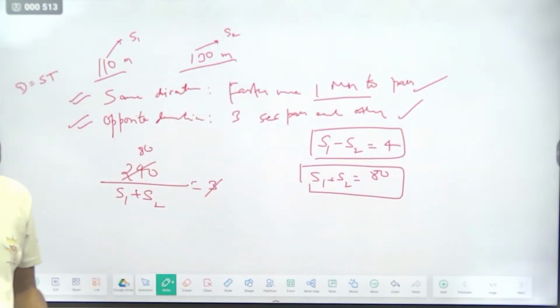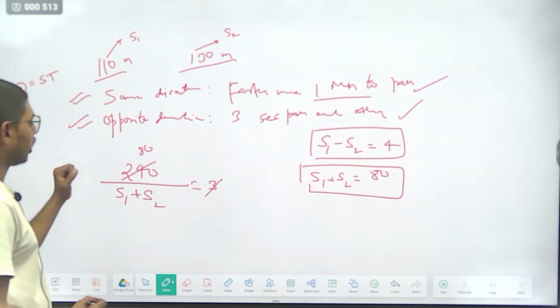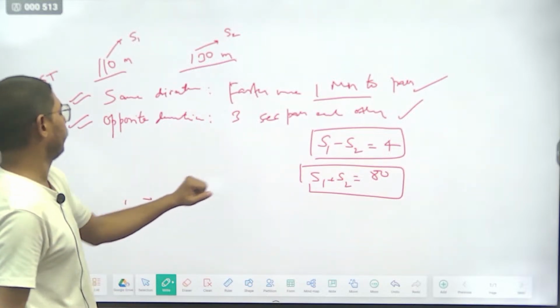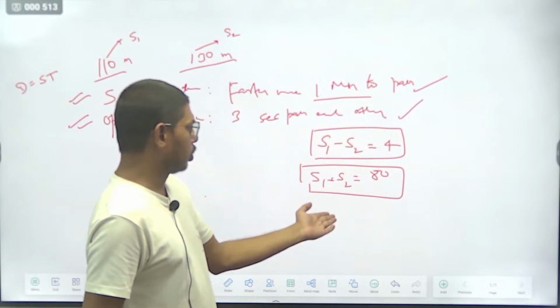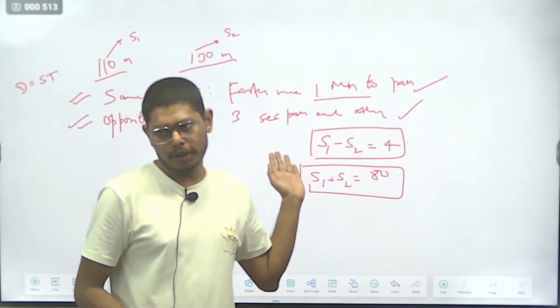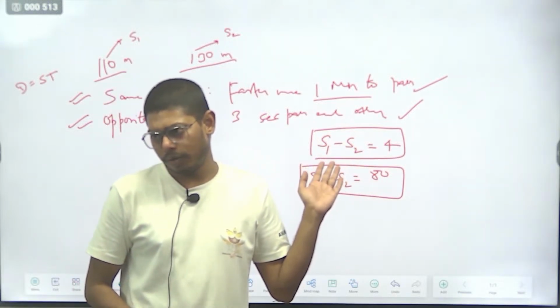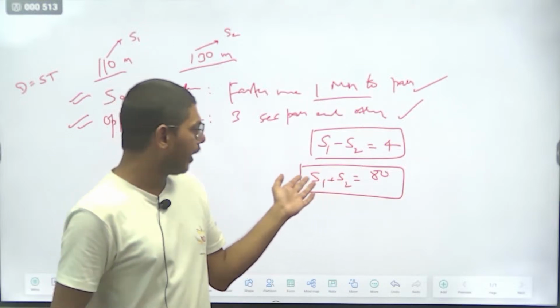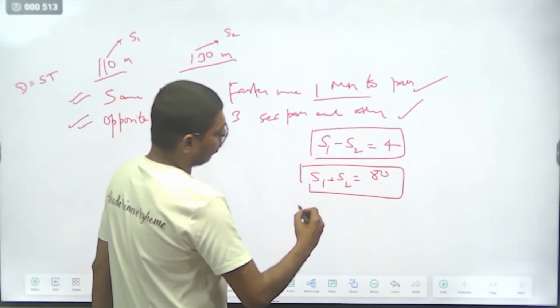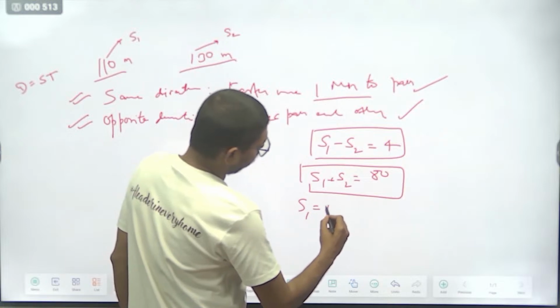From here, tell me S1 and S2 without using pen and paper. S2 will get cancelled. 84 by 2 is how much? 42. So S1 over here is 42.